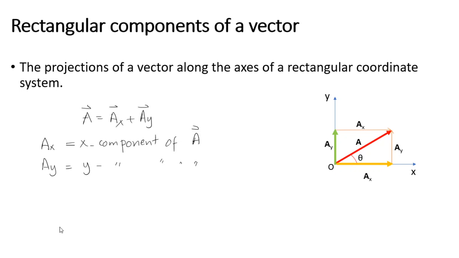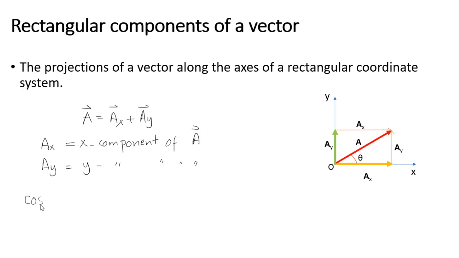These components can be either positive or negative. It depends on which quadrant A is lying in. From the definition of sine and cosine theta, we can find the magnitudes of ax and ay.